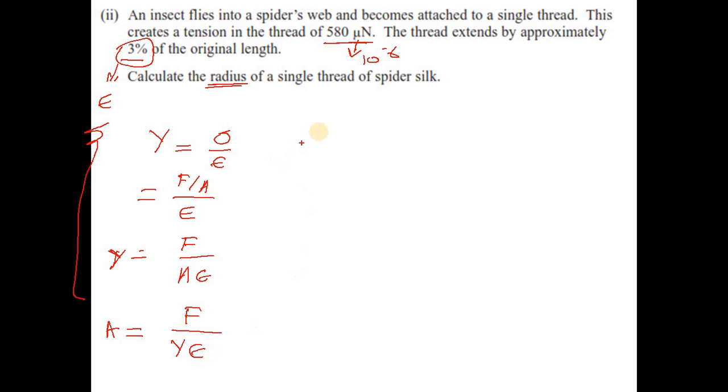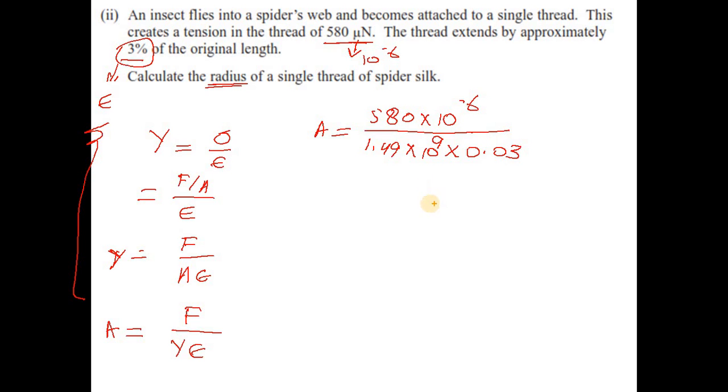That means area is force, which is 580 times 10 to the power minus 6 Newton, divided by Young modulus, which is 1.49 times 10 to the power 9 that we found in the previous part, and epsilon is 0.03, so 3%.